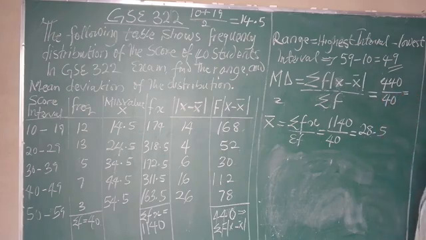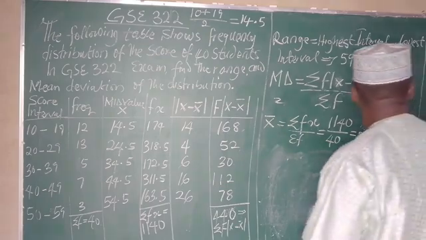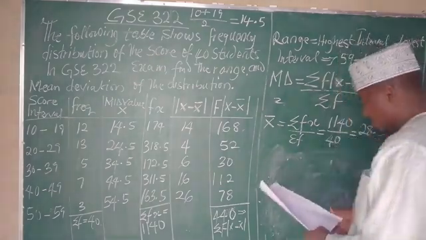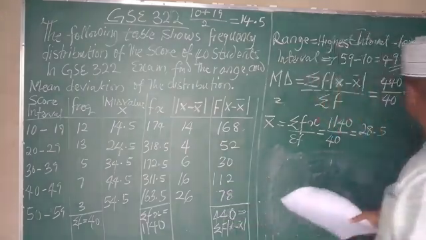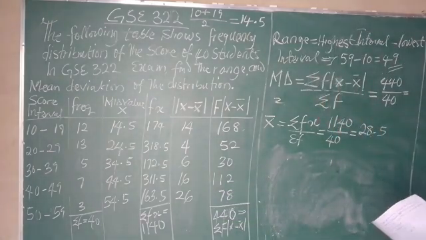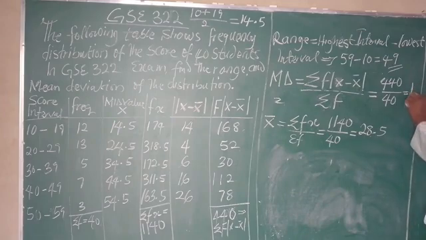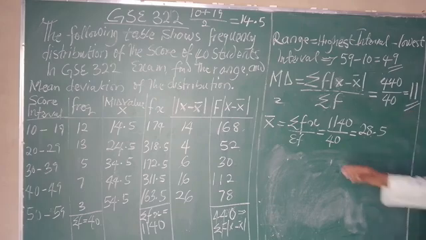When we divide 440 by 40, that is going to give us 11. So 11 is our mean deviation.